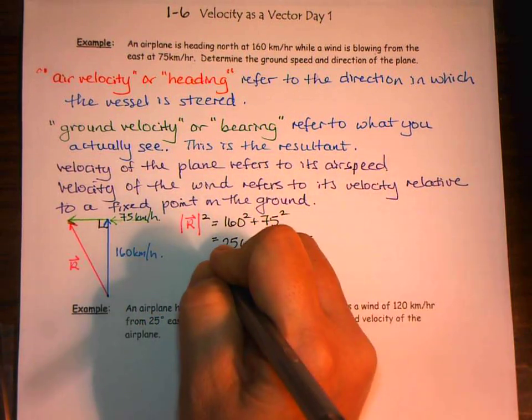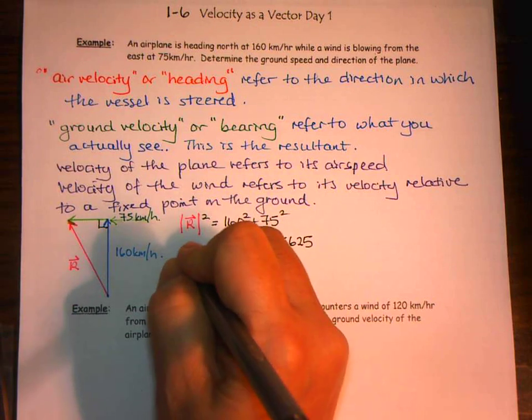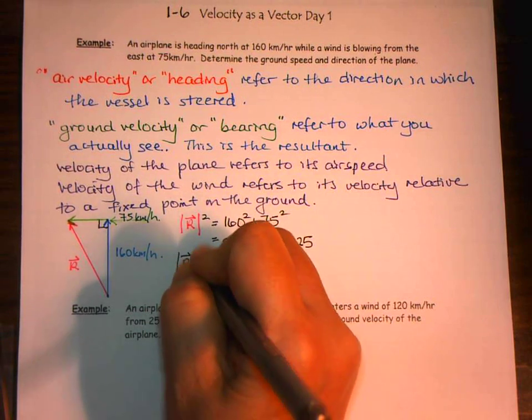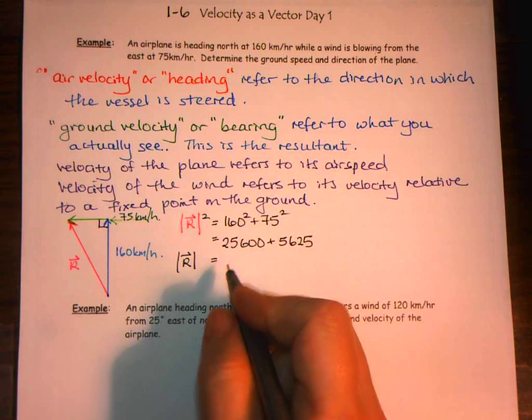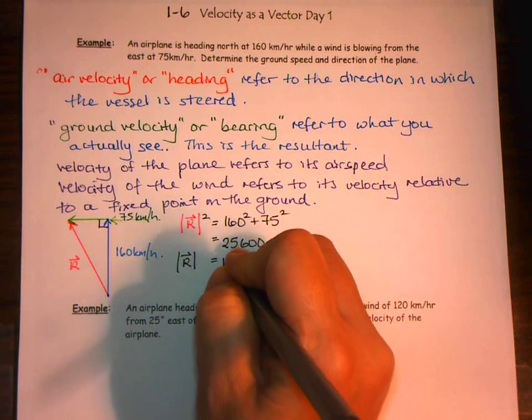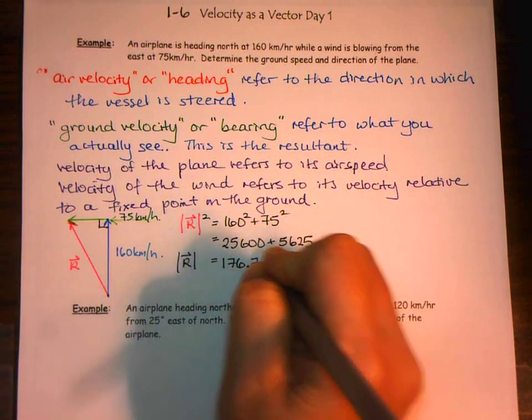So the magnitude of R, if you take the sum of that and then the root of that, comes out to be 176.7 kilometers per hour.